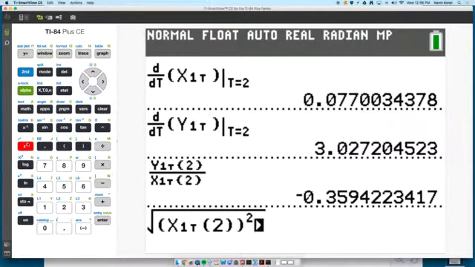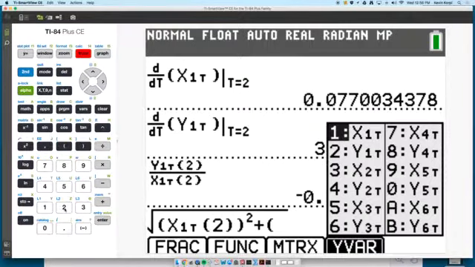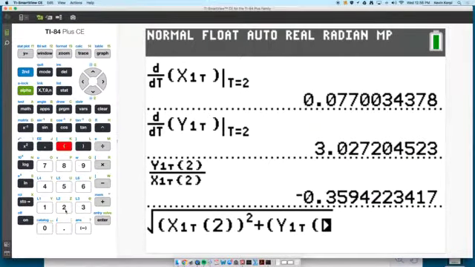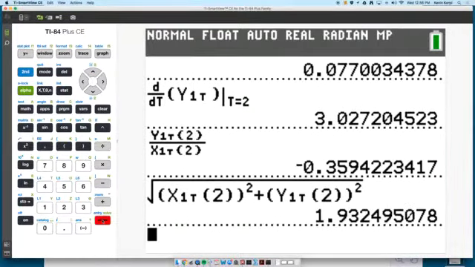That assures that it squares the entire quantity. And then do the same thing, plus, open parentheses, alpha trace number 2 of 2, close, close, squared. And if you compare that to what you have written on your paper, it should be very, very similar. It's really nice with this new MathPrint. Hit enter, and you get 1.932.